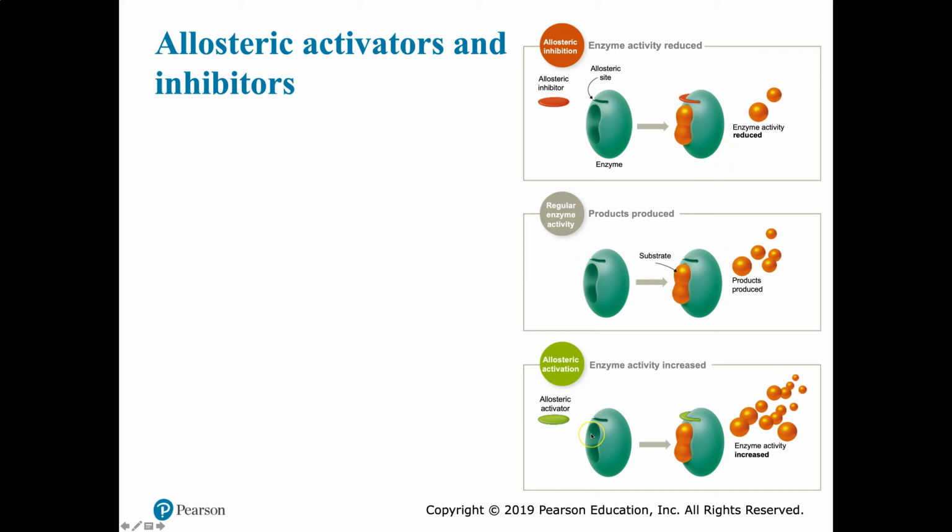Sometimes you have to have an activator in the allosteric site to get the enzyme to work or increase its functionality, but we're not focusing on activation. We're only focusing on inhibition. And again, this is reversible, right? So if all of a sudden this inhibitor releases, then it goes back to normal, like the one in the middle.